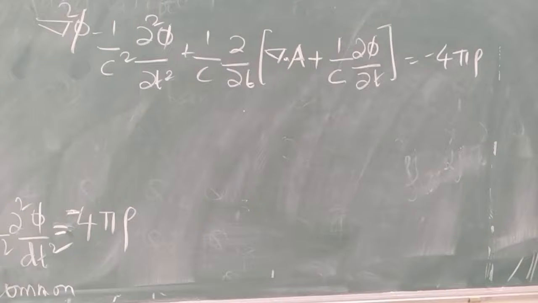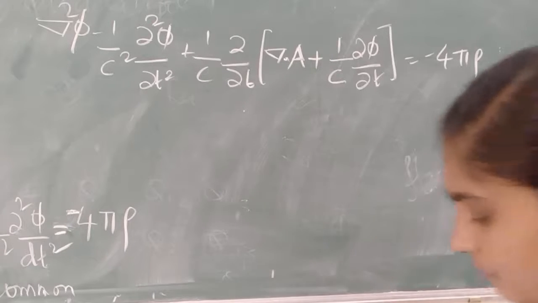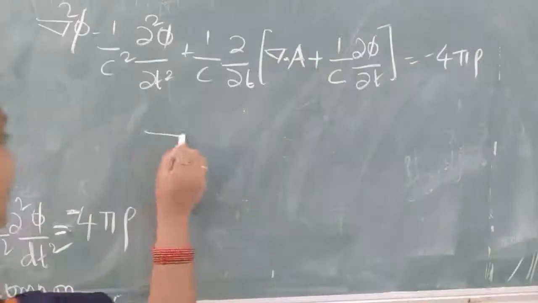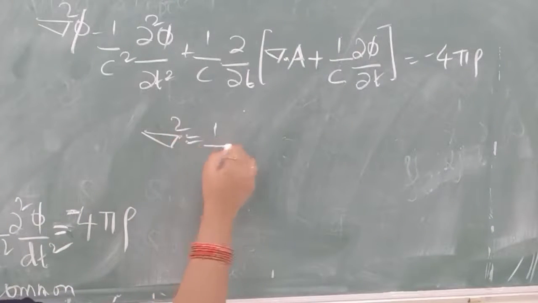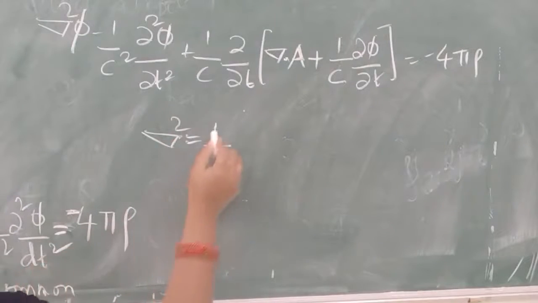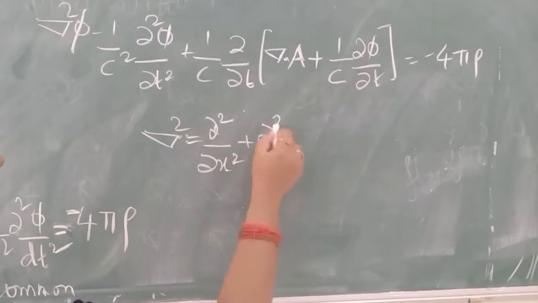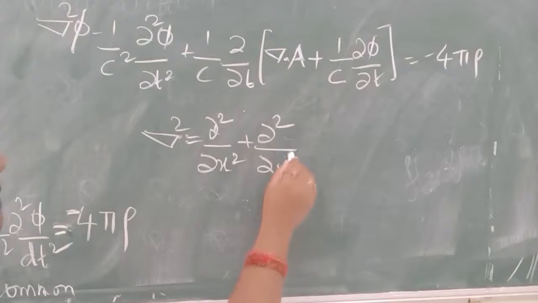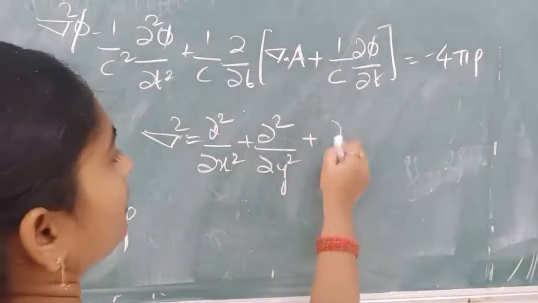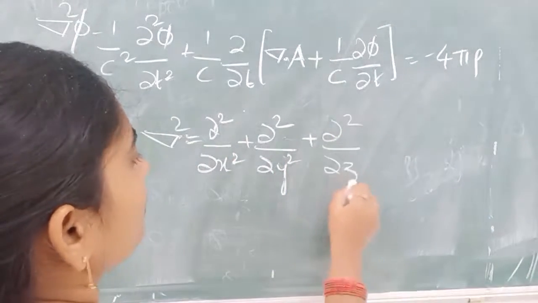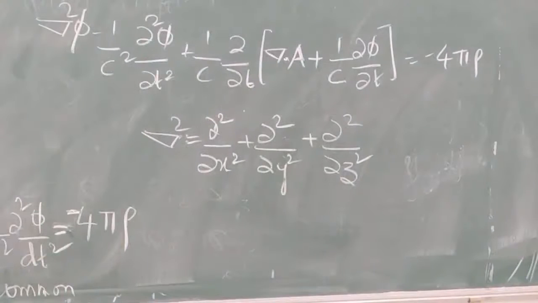Now here I am assuming del square as dou square by dou x square plus dou square by dou y square plus dou square by dou z square.